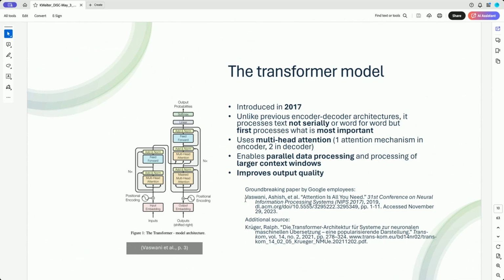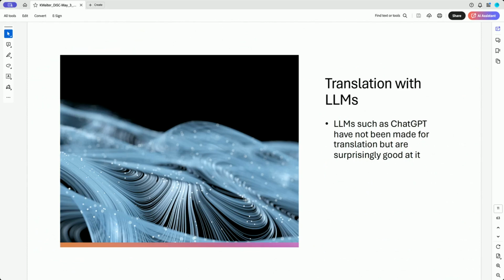For this purpose, it uses multi-head attention. There is an attention mechanism in the encoder, and 2 are in the decoder. This enables parallel data processing and also the processing of larger context windows. Before this type of architecture was used, it was difficult for machine translation to handle longer sentences. And the output quality has improved significantly with this approach.